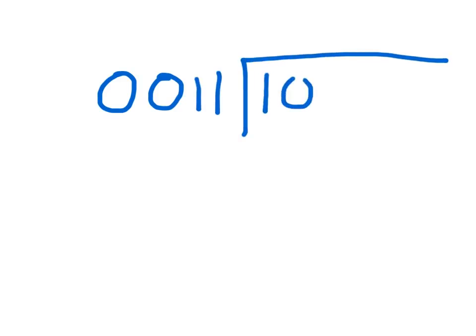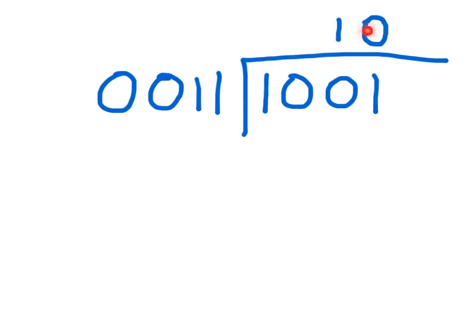Okay, so now we are going to consider, let's say, 3 into 9. So first of all, consider what if the answer was 1. Well, if the answer was 1, then this number would have to be 3, which it's not. So let's instead consider what if the answer was 2. And then the question for you is, what would this number have to be if the answer was 2?